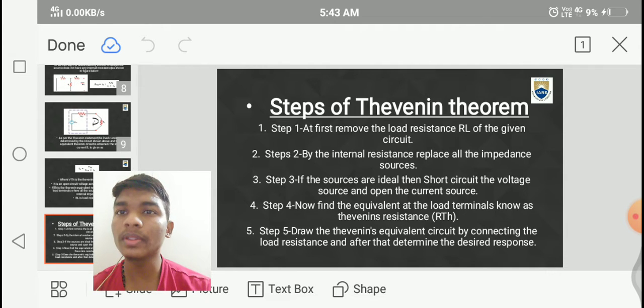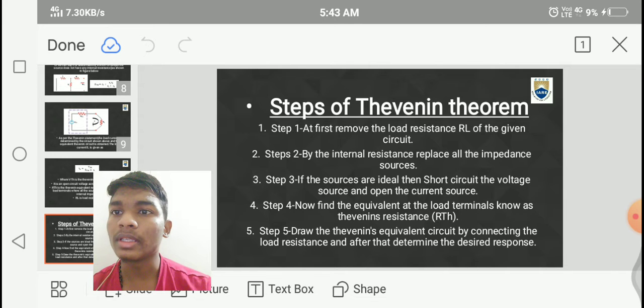The steps of Thevenin's theorem. Step 1: at first, remove the load resistance RL of the given circuit. Step 2: replace all the sources by their internal resistance. Step 3: if the sources are ideal, then short circuit the voltage source and open the current source.